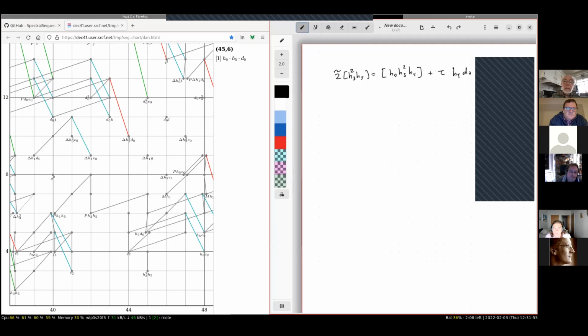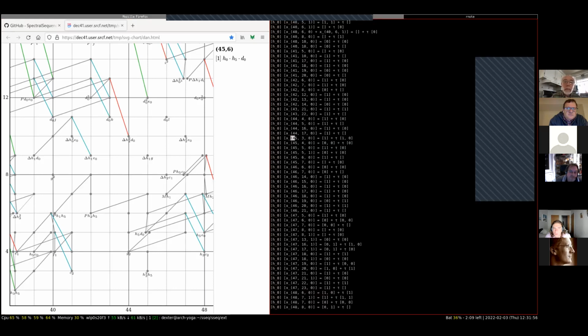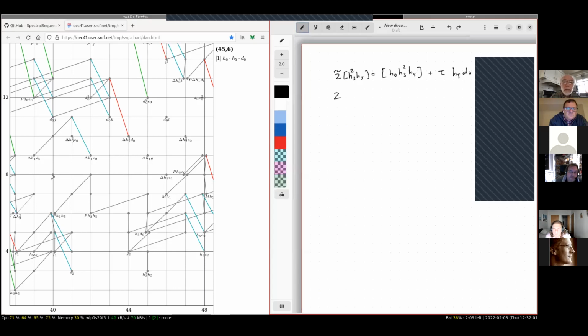So that's what it told us. And in the next line, it tells us that 2 tilde times H0, H3 squared H5 is 0. So we get 2 tilde squared times H3 squared H5, just iterating this, is tau times H0, H5 D0.